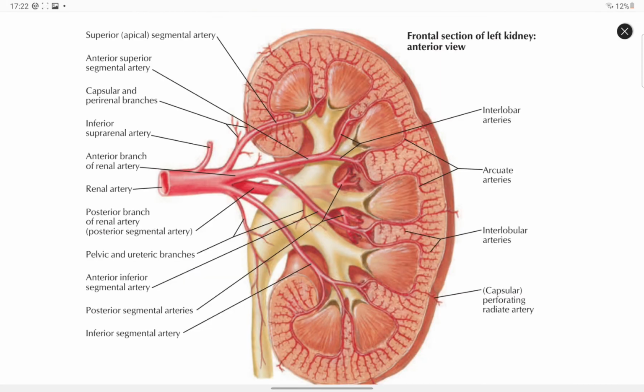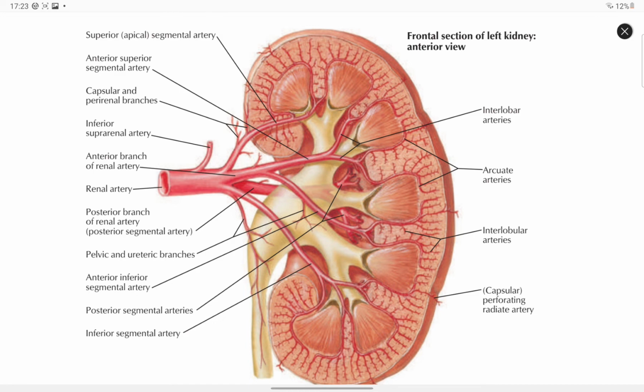The blood supply of the kidney is from the abdominal aorta. At the level of the L2 vertebra, the renal artery will come. The renal artery divides into 5 segmental arteries and each segmental artery gives lobar arteries. It becomes interlobar arteries, then arcuate arteries, then interlobular arteries.